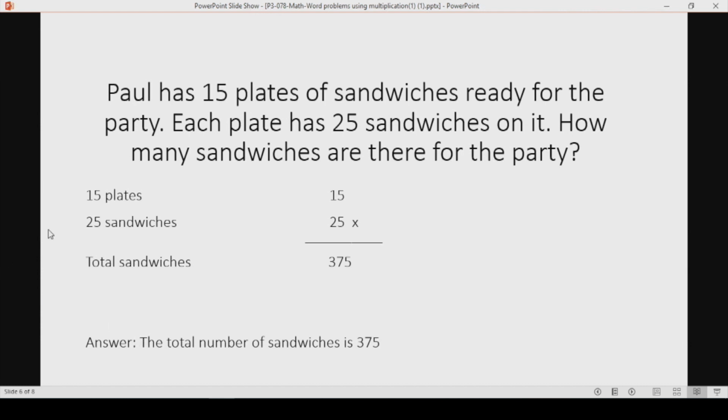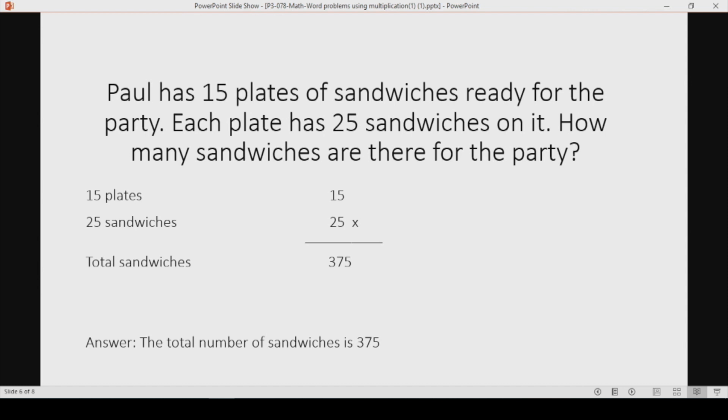You see, 15 plates, 15 times 25 sandwiches means total sandwiches 375.